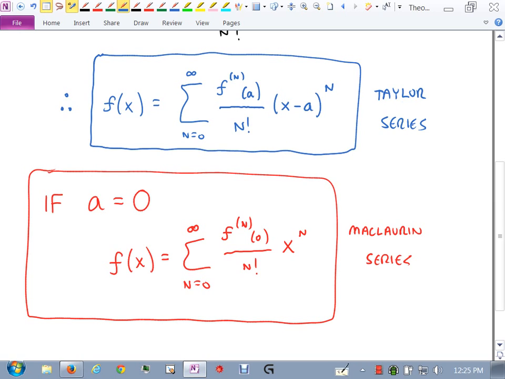So do you see what I was saying? The Taylor series is more general because you can let A be anything you want. The Maclaurin series is a specific series, when A is actually equal to 0. Understand? That's a specific series.